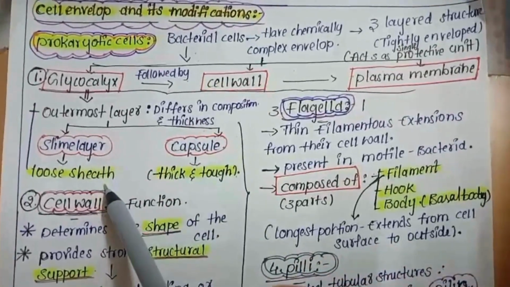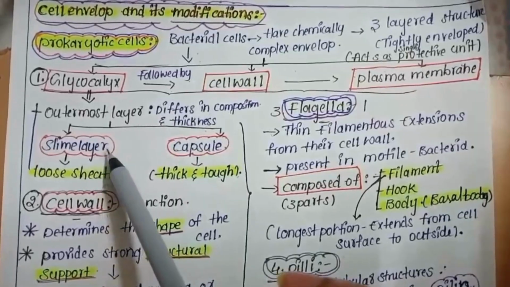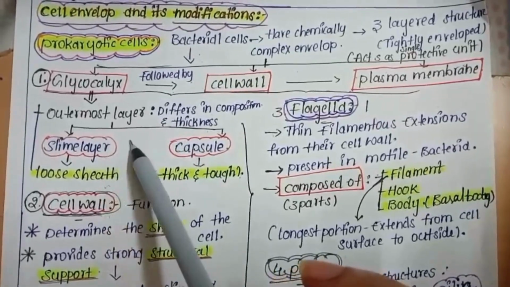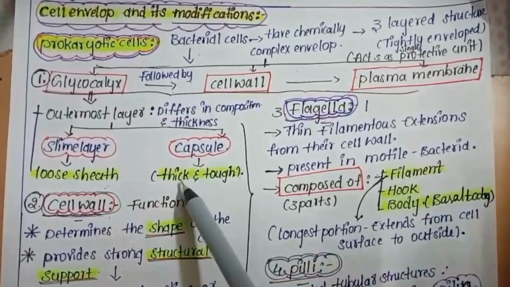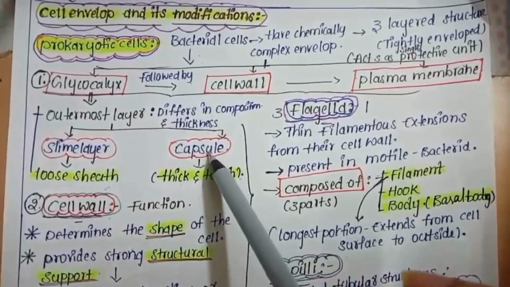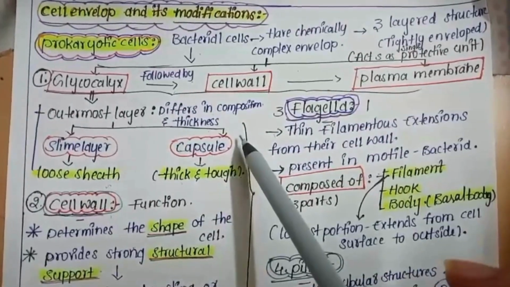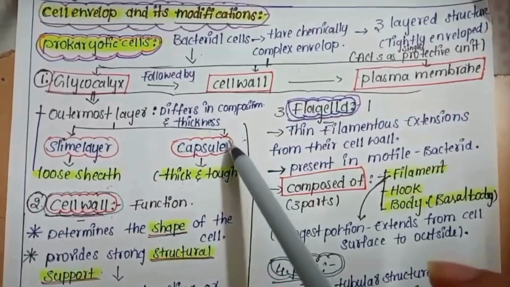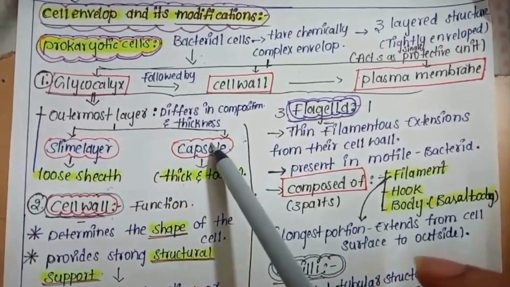It forms a loose sheath around the bacteria, known as the slime layer, and if it forms a thick or tough capsule, it protects the bacteria from the host immune system as it is sticky or gummy in nature.